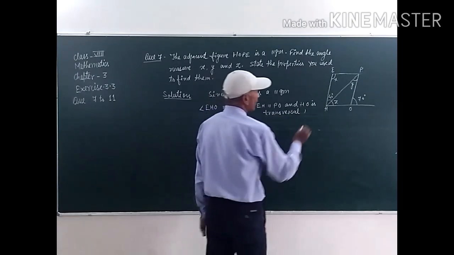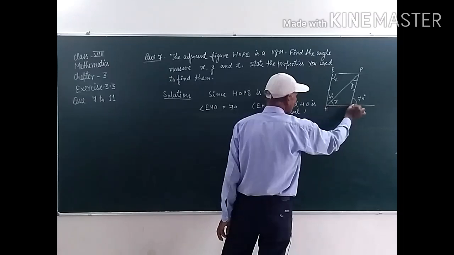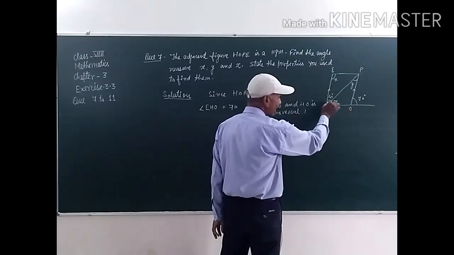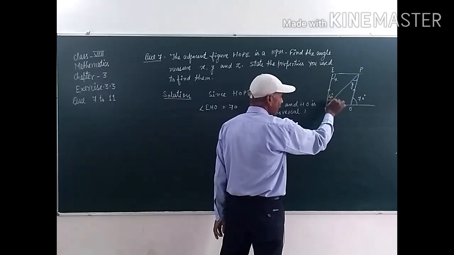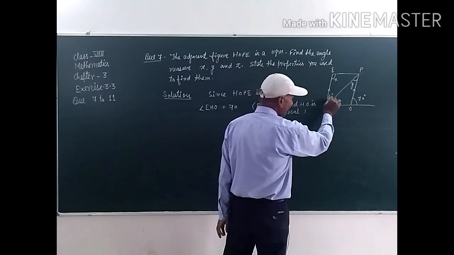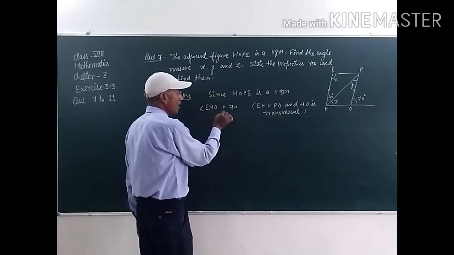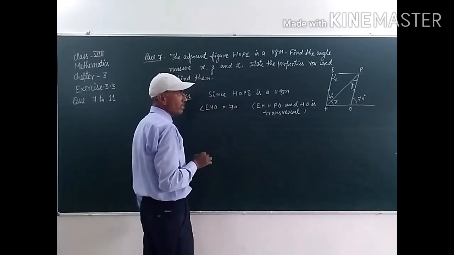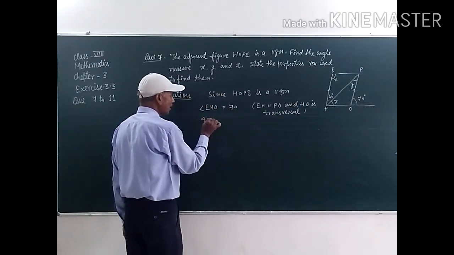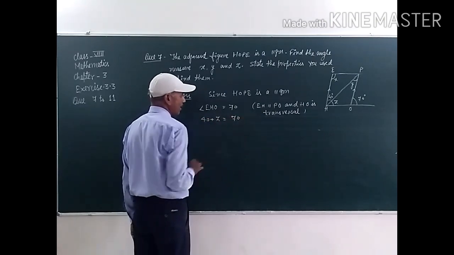Clear, student? This line is parallel to this line and this one is transversal. If a transversal intersects two lines, then these are the corresponding angles. So corresponding angles will be equal. So angle EHO is equal to 70 degree. So angle EHO, that is 40 plus Z, is equal to 70 degree.